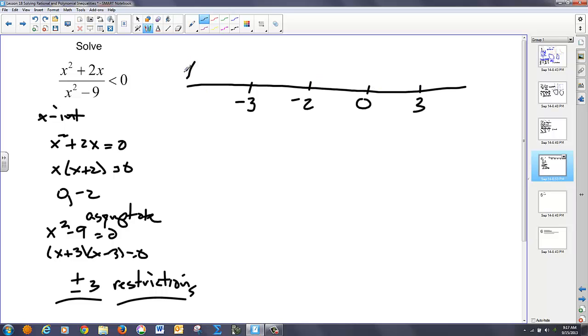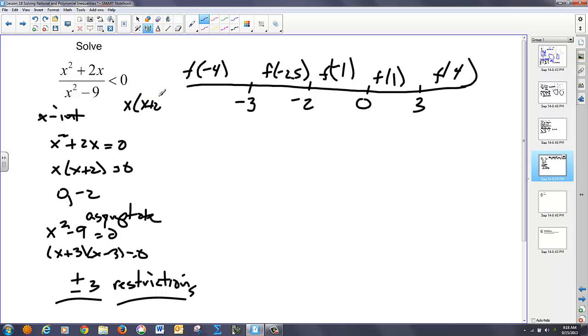So let's go with negative 4, negative 2.5, negative 1, 1, and 4. I'm going to have to plug all those into a factored form of the equation, so I'm going to go to (x plus 2) over (x plus 3)(x minus 3).